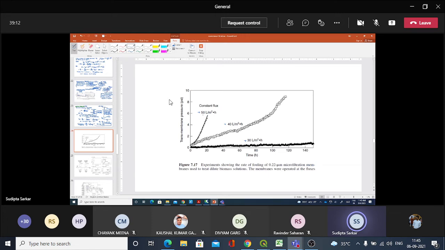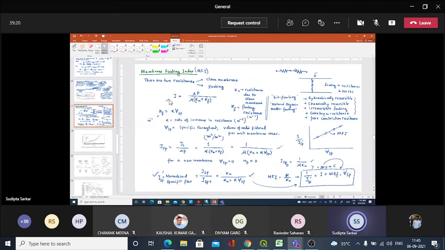Now look at the first one. It is running at 50 liter per meter square hour. If you pass more flow to the membrane, then obviously your membrane is getting choked over time.